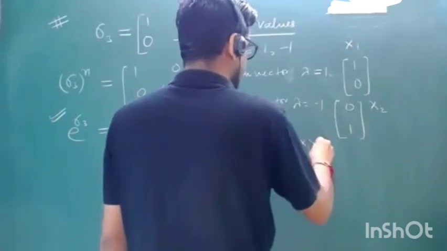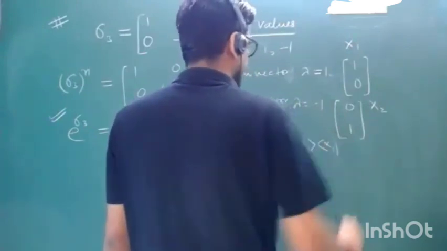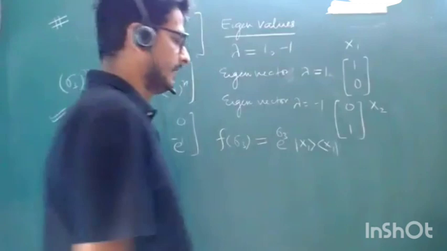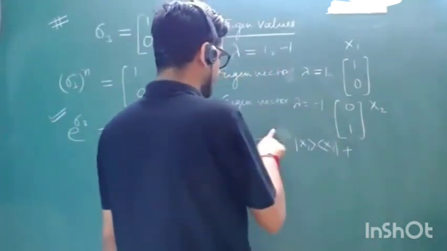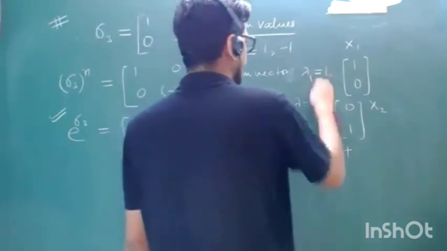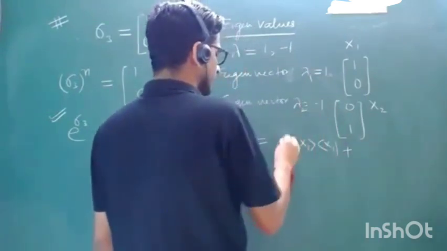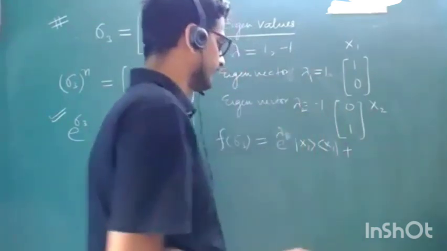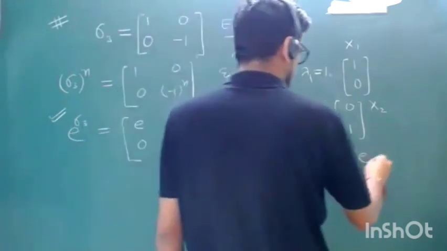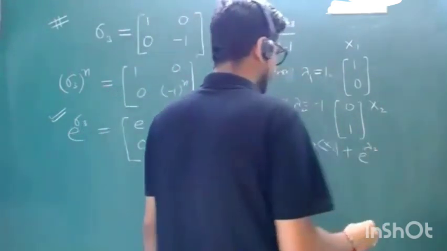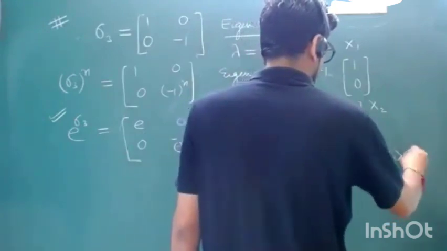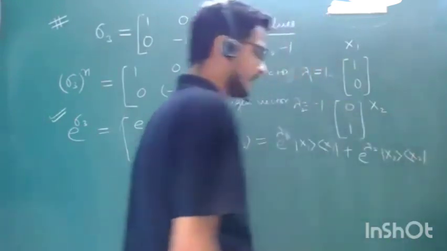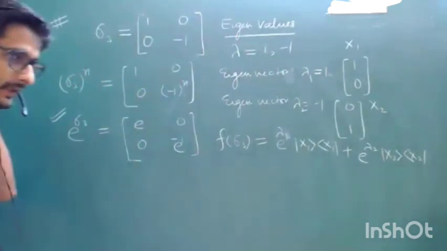So here we will have x1, and plus, suppose this is lambda 1, this is lambda 2. So here we will have e to the power lambda 1 and plus e to the power lambda 2 and then inner product of the second vector x2. Okay, it will be like this.